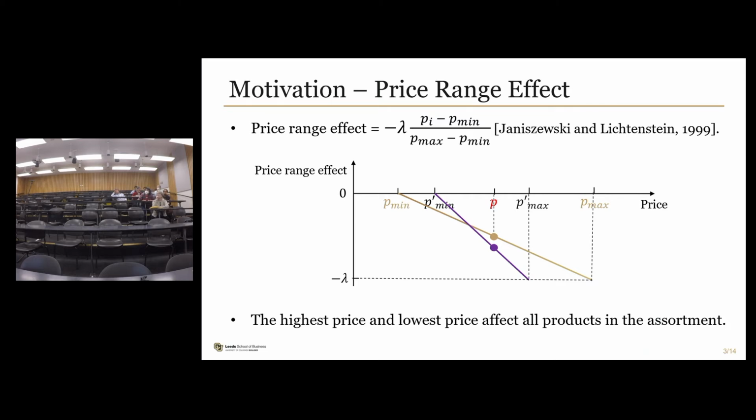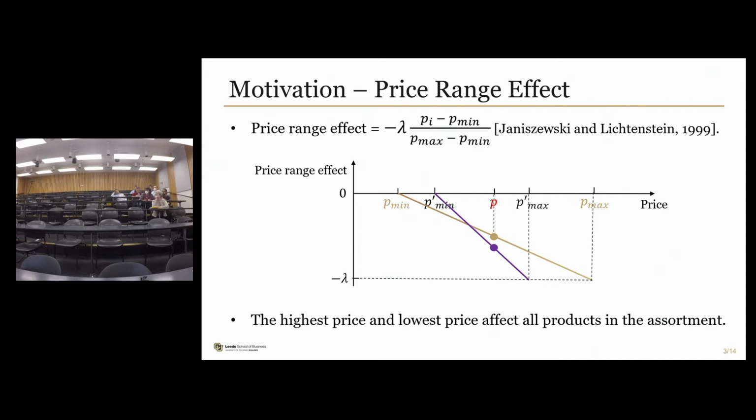Because its relative position to the highest price is closer to P max, you feel that this product is becoming more expensive. Intuitively I was thinking that in the wider one, the effect would be more pronounced, and that maybe the relationship shouldn't be linear.